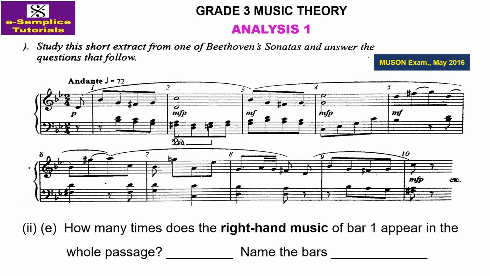How many times does the right hand music of bar 1 appear in the whole passage? And name the bars. Right hand music means music written on the treble clef, while left hand music is music written on the bass clef.